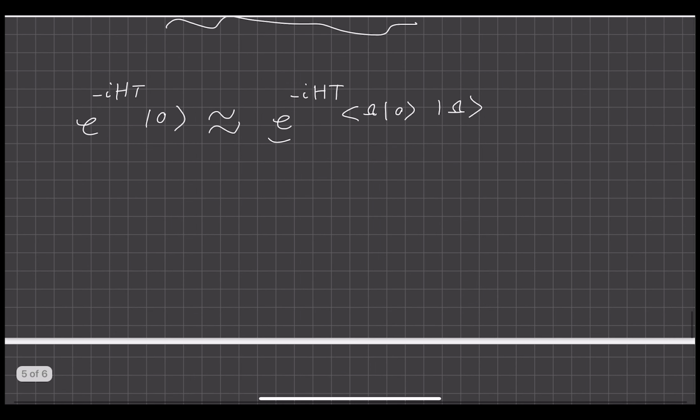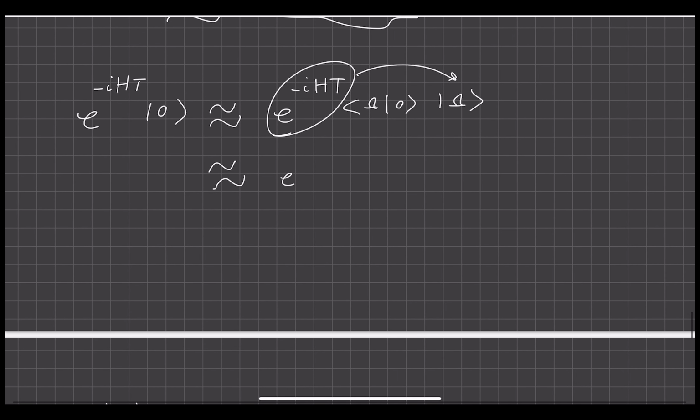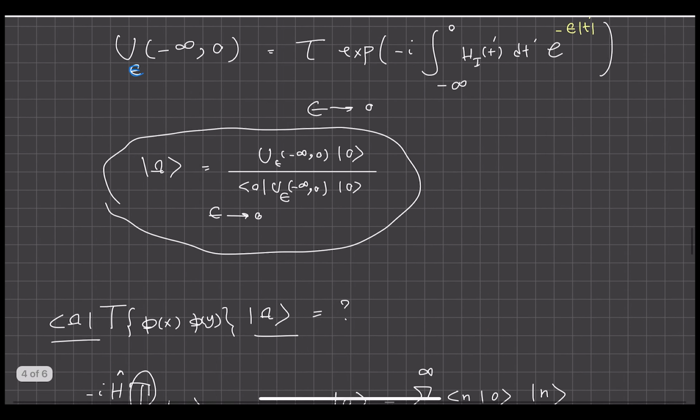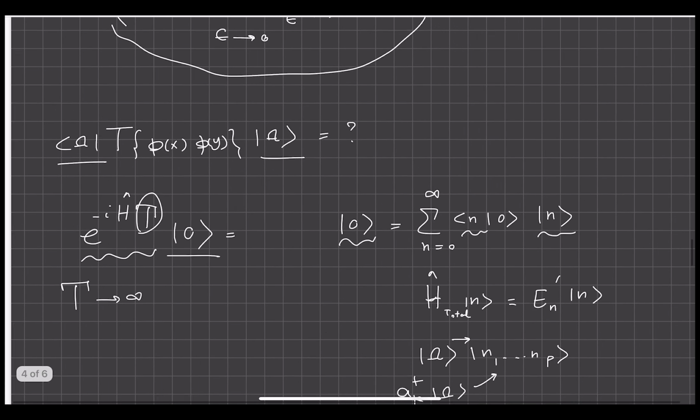And then again, this can go inside of this, and we're going to have the exponential of minus E0' t omega 0 omega. And now we don't even have to specifically mention what this term is going to be. We already defined omega and 0, based on the definition that we provided above by the Gell-Mann and Low theorem, so omega and 0 have the inner product equal to 1 based on the definition.